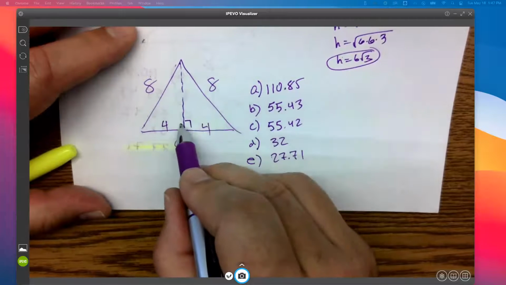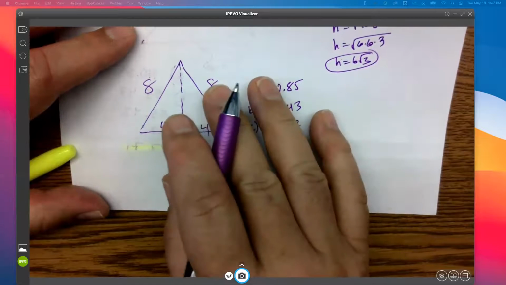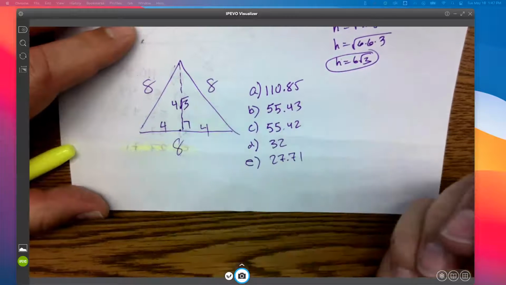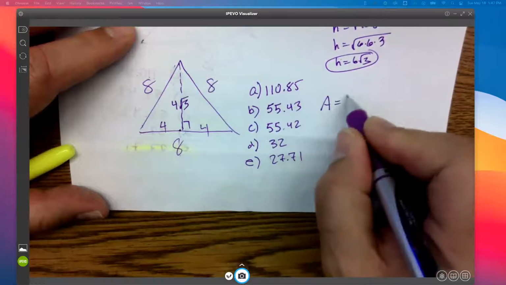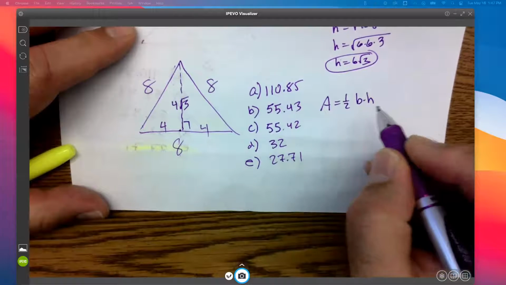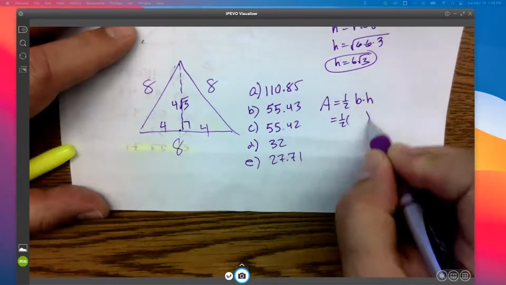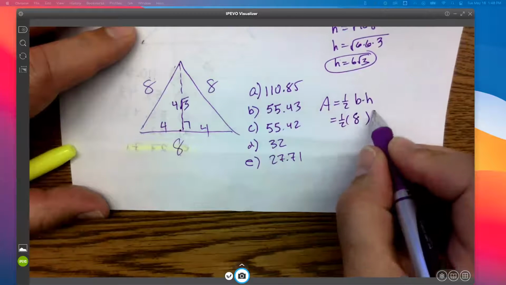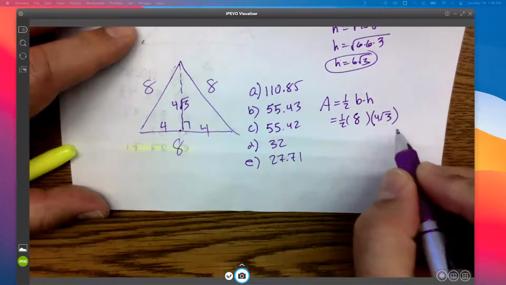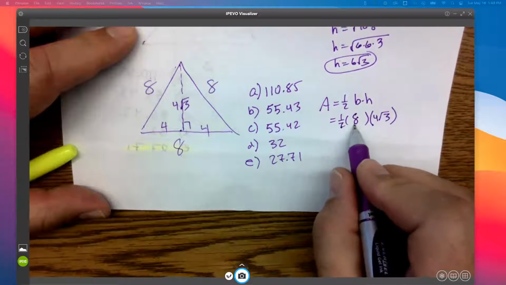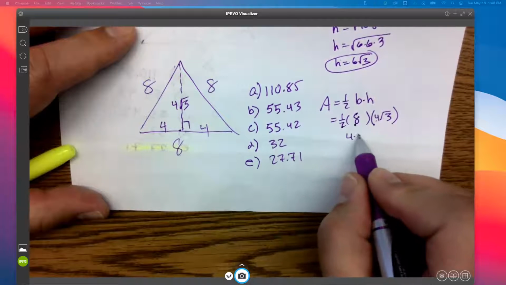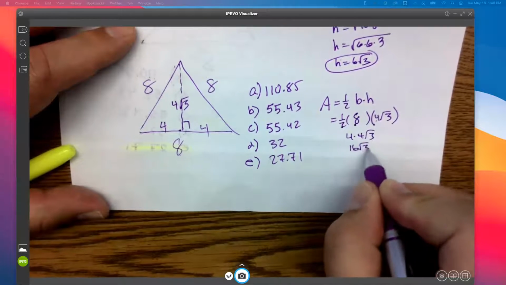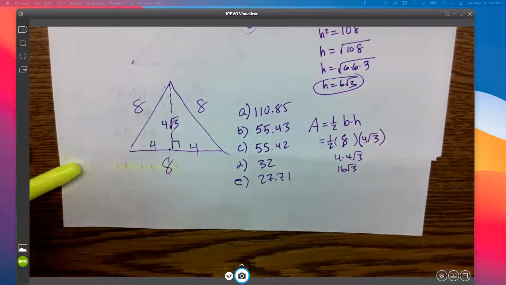So this must be 4 root 3, which means the area of this triangle is 1/2 base times height, which is 1/2 the whole original base, 8, times this height, 4 root 3. So half of 8 is 4. So 4 times 4 root 3, 16 root 3.